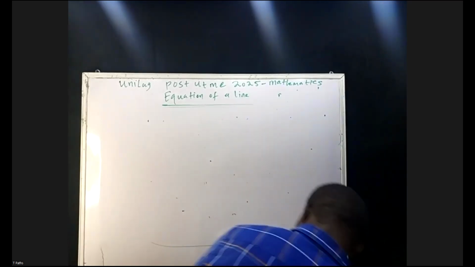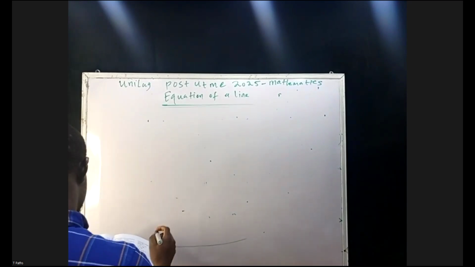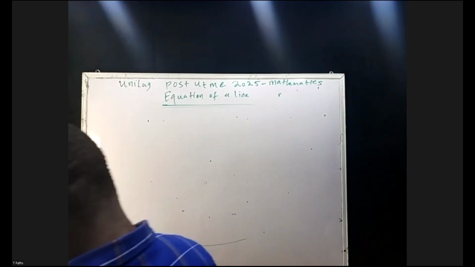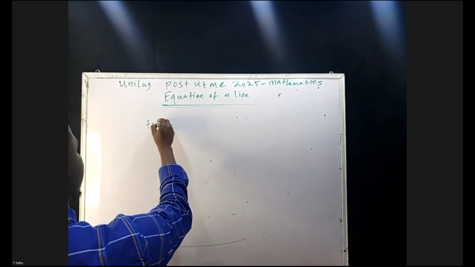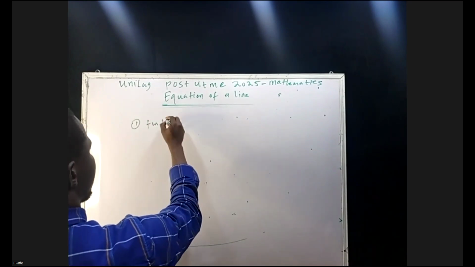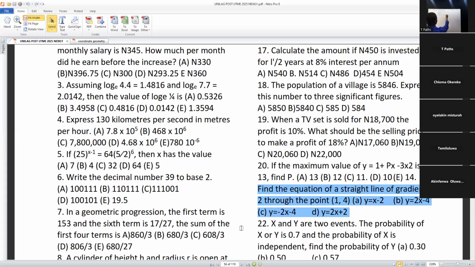Now, page 56, we have a question there, number 13. Number 21. Find the equation of a straight line of gradient 2.